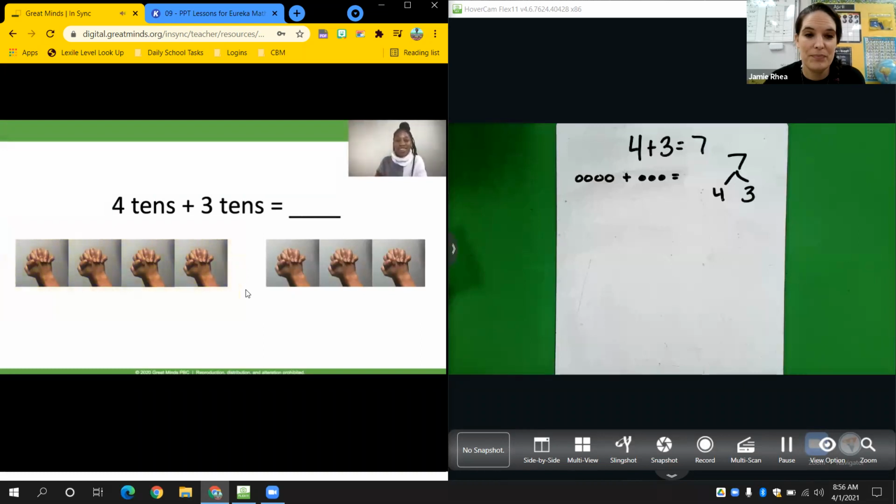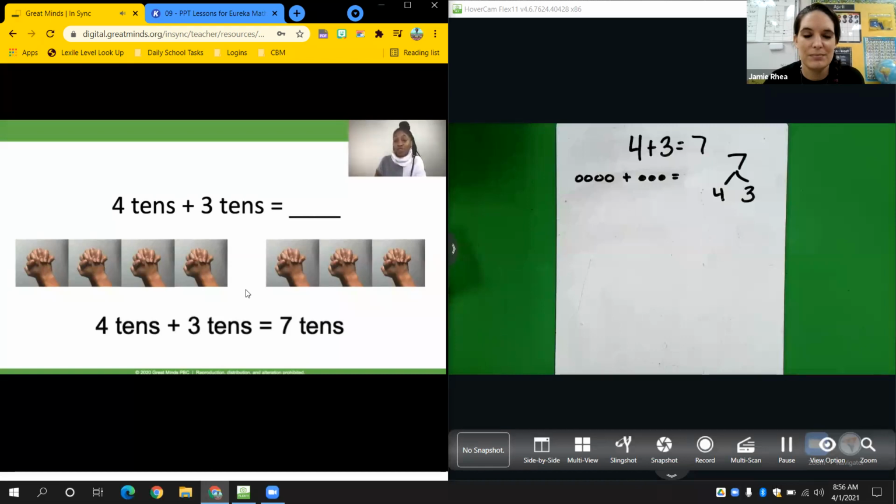And how many tens do you see here? I see 3 tens. So how many tens are there altogether? 7 tens. Don't forget the unit. 4 tens plus 3 tens equals 7 tens.